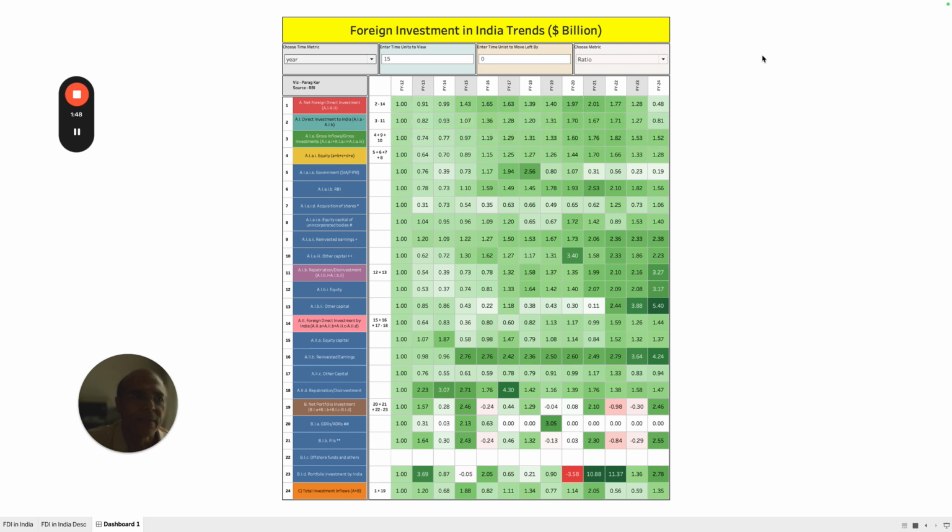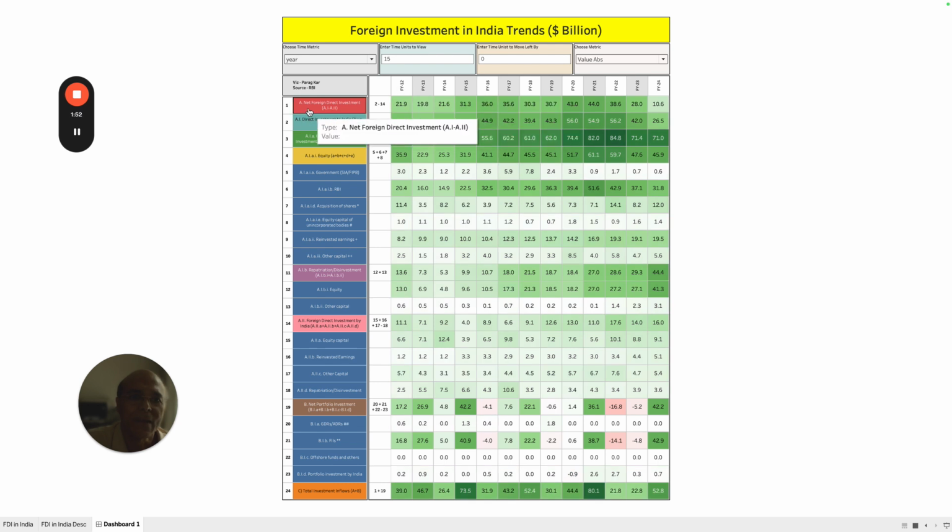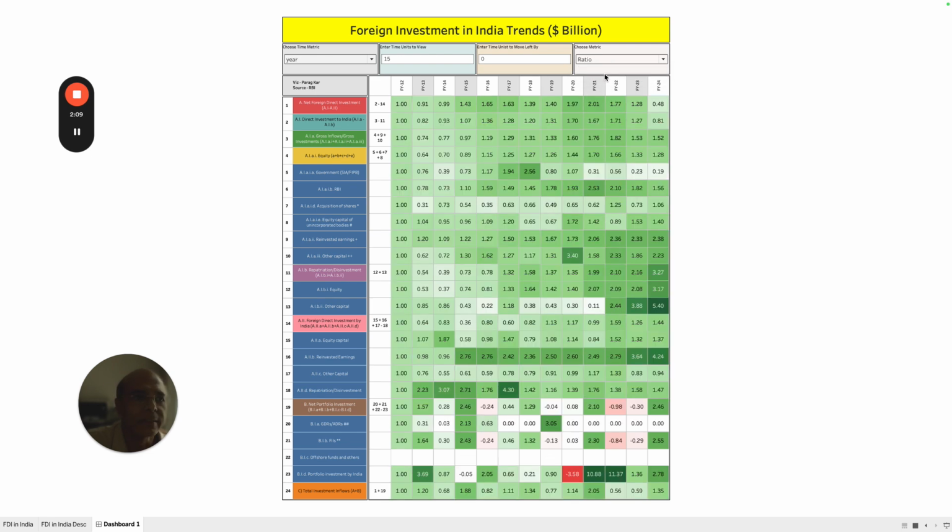Let me tell you again. For example, this number of net foreign direct investment in FY12 was $21.9 billion, which you see here. Now this number, which is $10.6 billion, is going to be a certain ratio of this number, which you can see by choosing this option.